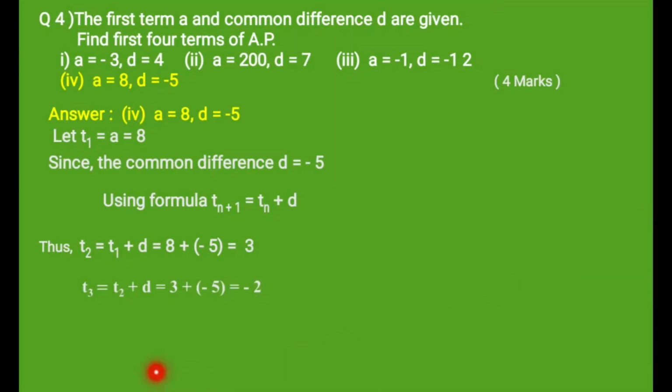Now we find third term, so we write t3 equals t2 plus d. t2 is 3, d is -5, so we get 3 minus 5 which is equal to -2. Now fourth term t4 equals t3 plus d. t3 we calculated -2, d is -5, so -2 minus 5 we get -7.